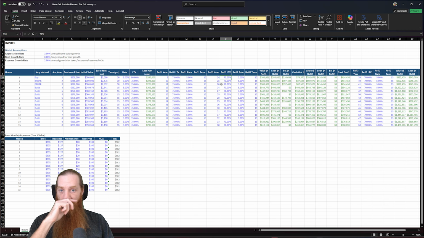So the difference between a 70 and 75% LTV in the grand scheme of things, I mean, if you're pulling out 250K in cash from a paid off home with a refinance, is it really going to matter if it's 230K or 250K, right? You leave whatever you need to in the property as far as capital goes by lowering your LTV in order to get the cash flow that you need to keep that investment safe, right? You want to have a nice cushion of cash flow above what your expenses and everything are.